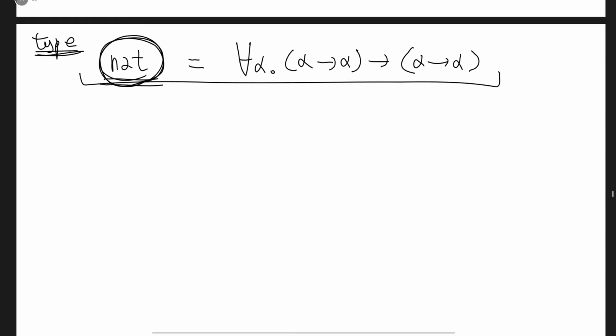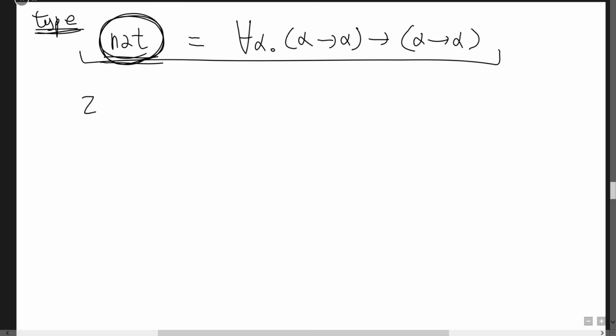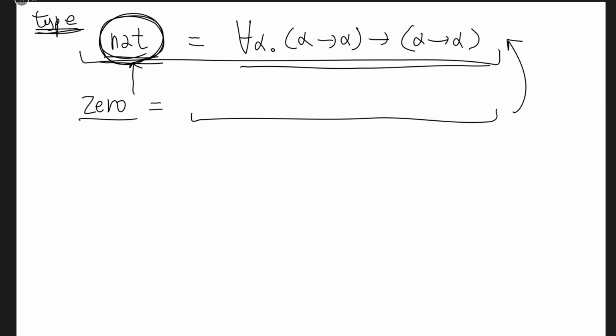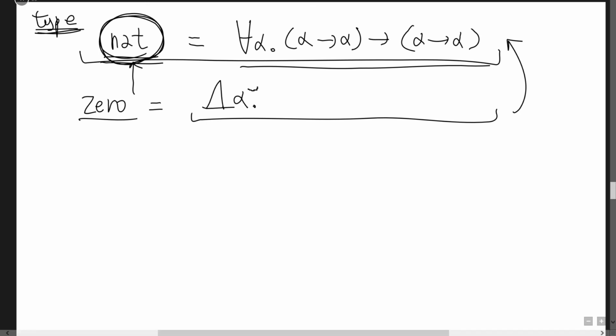Now, let's encode Church numeral 0. Similarly to the Church Boolean examples, the exercise is usually finding an expression of this type. So 0 has type Nat, so it must have this polymorphic type. The first part of this expression is definitely this capital lambda alpha, where we introduce this polymorphic type.